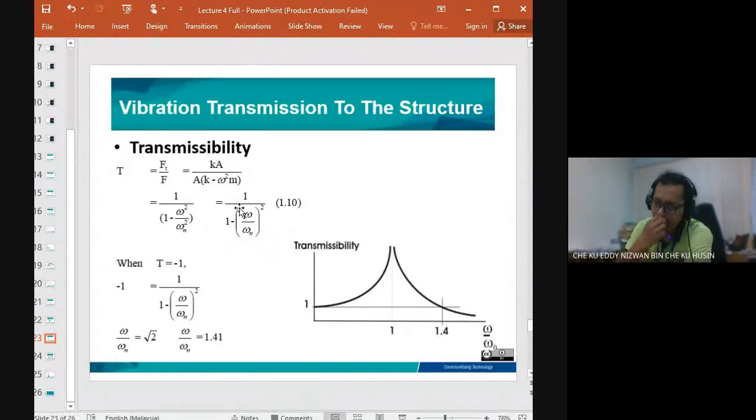Okay, so in the isolation study, there is a parameter we call transmissibility. Transmissibility is the ratio of the transmitted force over the magnitude of the induced force.